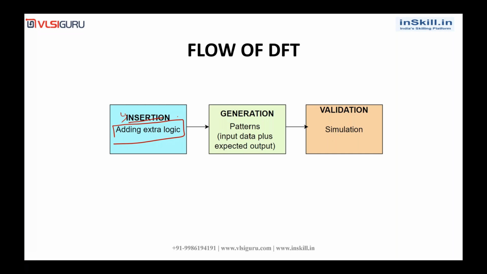And next is generation. Generation is the generation of the pattern. The pattern will have input data as well as the expected output. During the generation step, the tool generates the patterns, that is, the input data and expected output. And then validation. Validation is nothing but simulation. We validate the patterns using simulation.